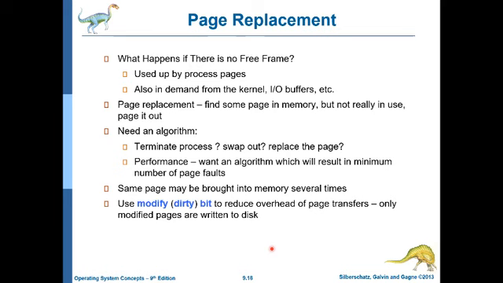But if the page has not been modified, then we will not write it to the hard disk, we will just overwrite it with the other page. So the modify or dirty bit helps us determine if we need to write a page to the hard disk or just replace it without making any changes. That will make it faster, because writing something onto the hard disk takes time.